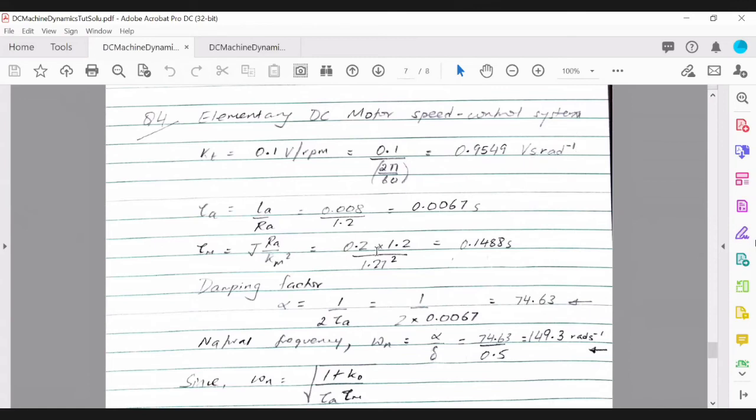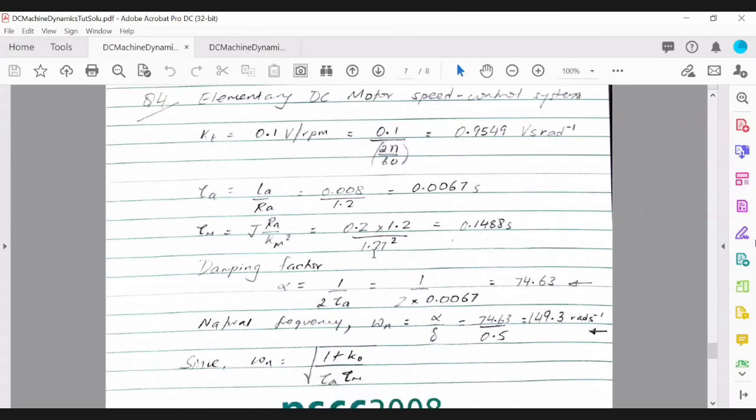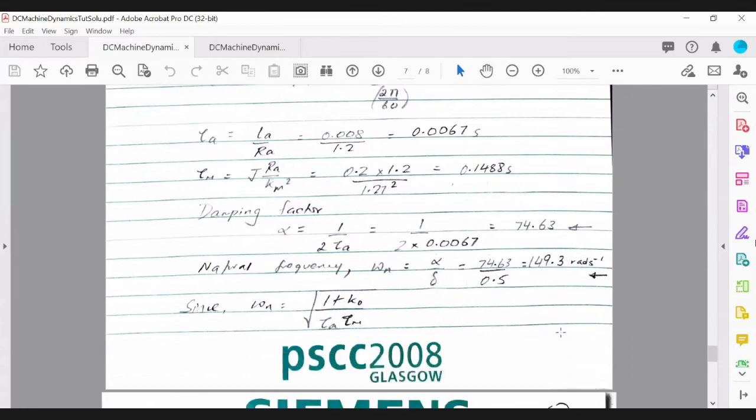The two time constants, tau A and tau M, can be worked out from the parameters given. The damping factor of the motor is given by 1 over 2 tau A, so that can be worked out. The natural frequency omega n is given by alpha over delta, so that can be worked out.